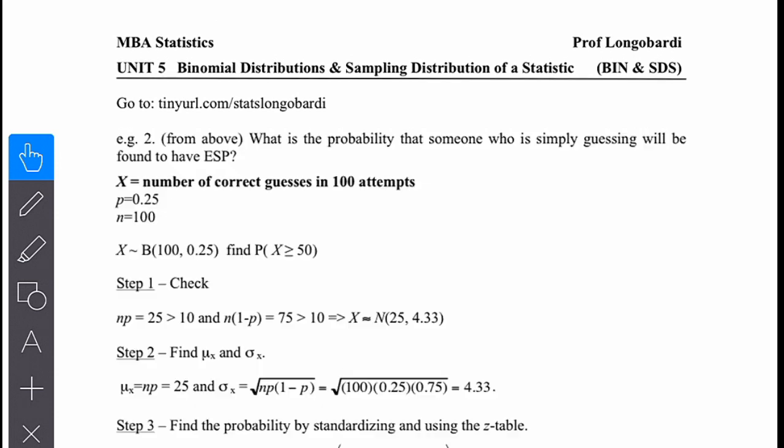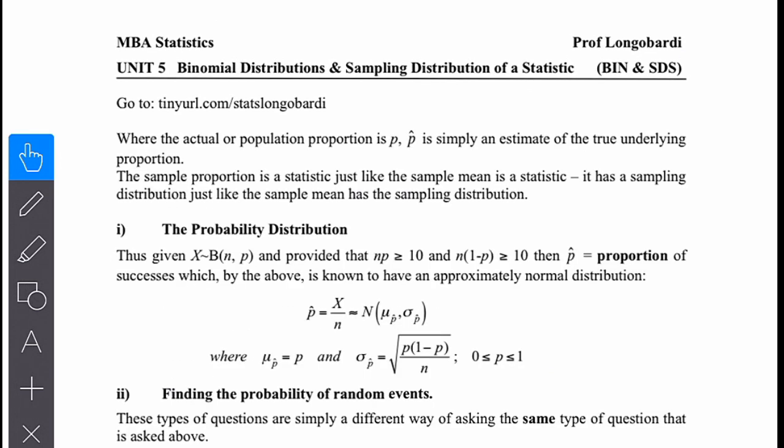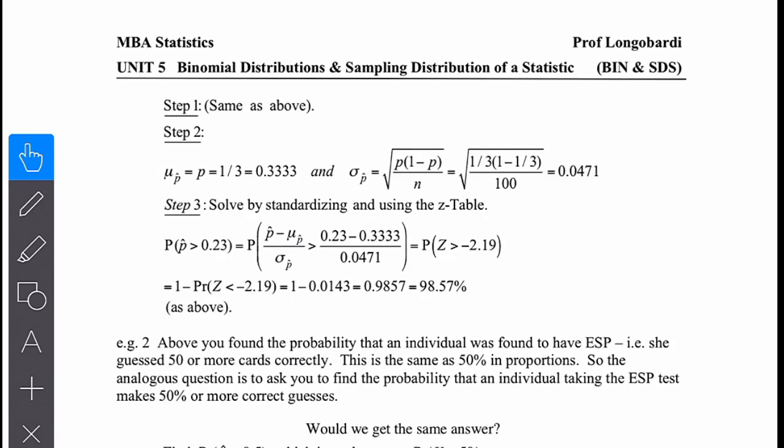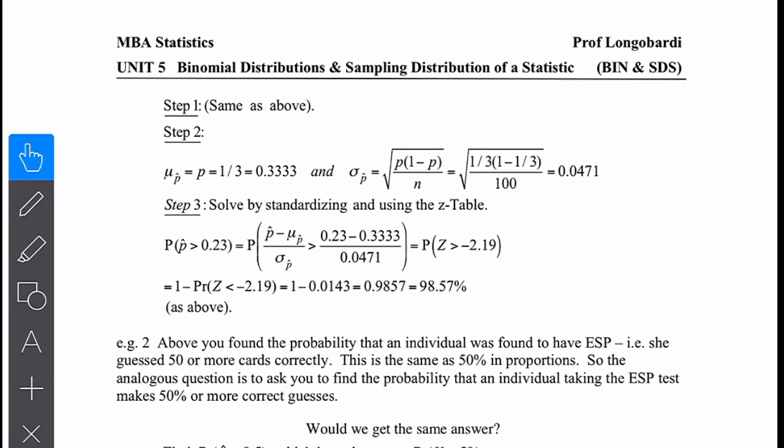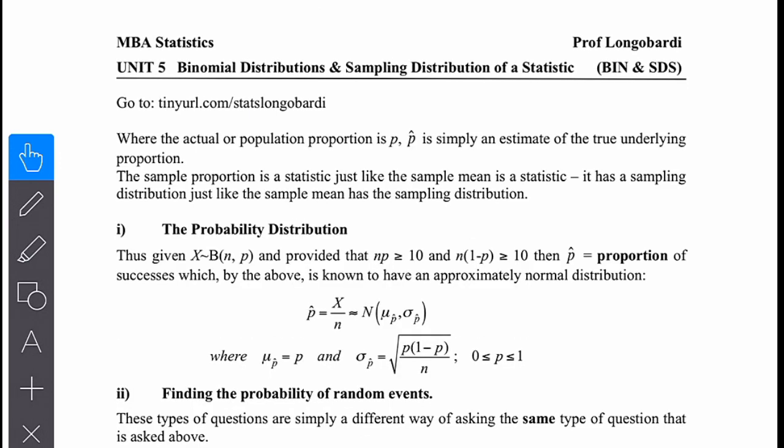All right, so what we were doing, if you don't have any questions about binomial, is discussing the sampling distribution of a statistic. And we talked about three statistics for which we are going to talk about their distribution.